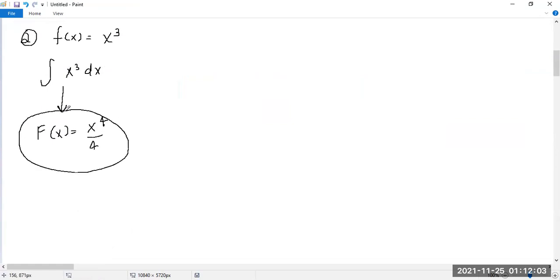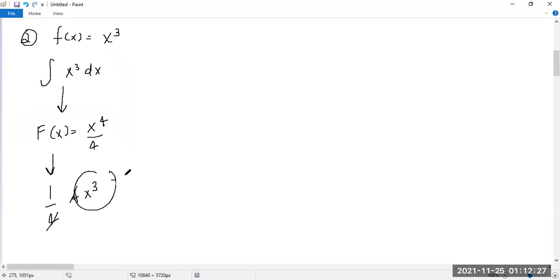Now, this is the antiderivative of this function, and it meets the classification of being an antiderivative because if I take the derivative of this function, I get back the original function. You can actually see that in action. If I take the derivative of this function, I'll have 1 over 4 times 4x to the third. The 4's would cancel out, and I would get x to the third.